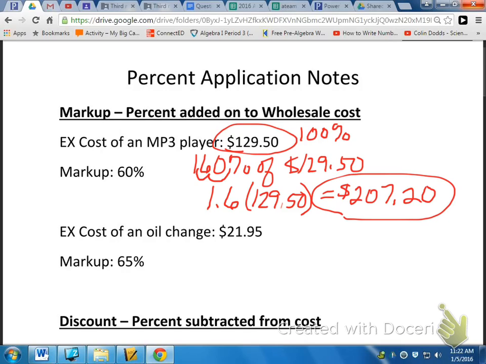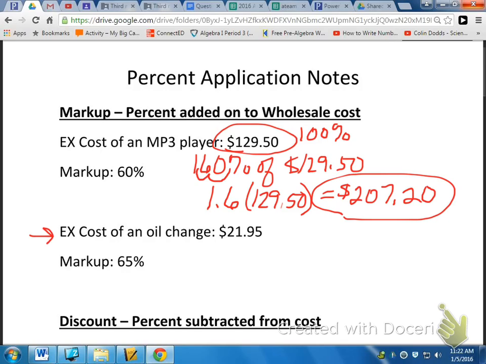So the difference from yesterday is I'm not finding the 60% and then taking that amount and adding it on. Instead, I'm doing the adding there at the beginning. 100% of the cost plus the 60% markup means I'm figuring 160% of the price. So I do one calculation there, and I've got the final answer.